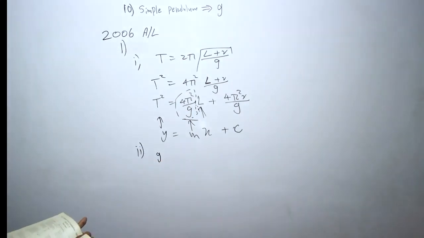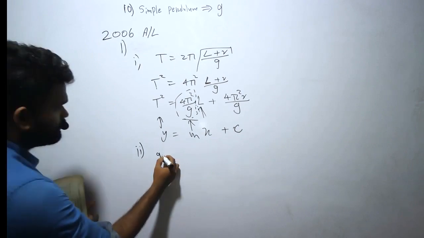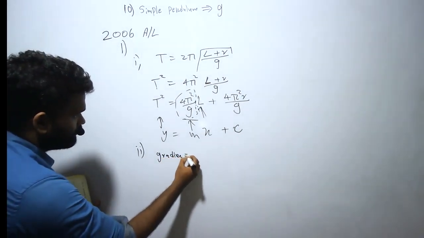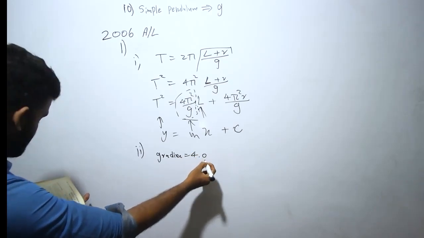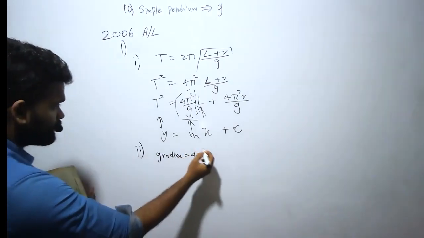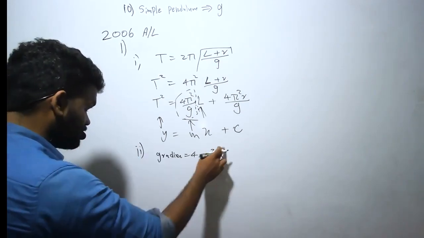Gradient is given as 4.0 seconds squared per meter.